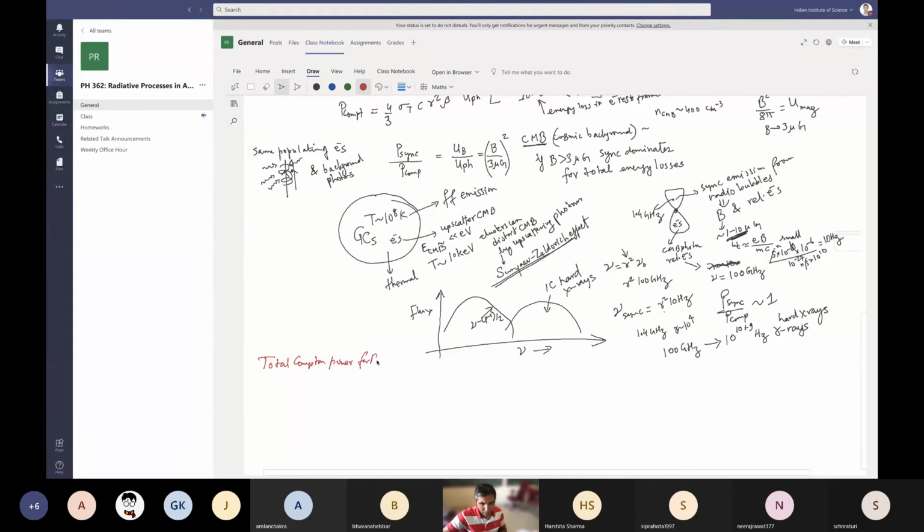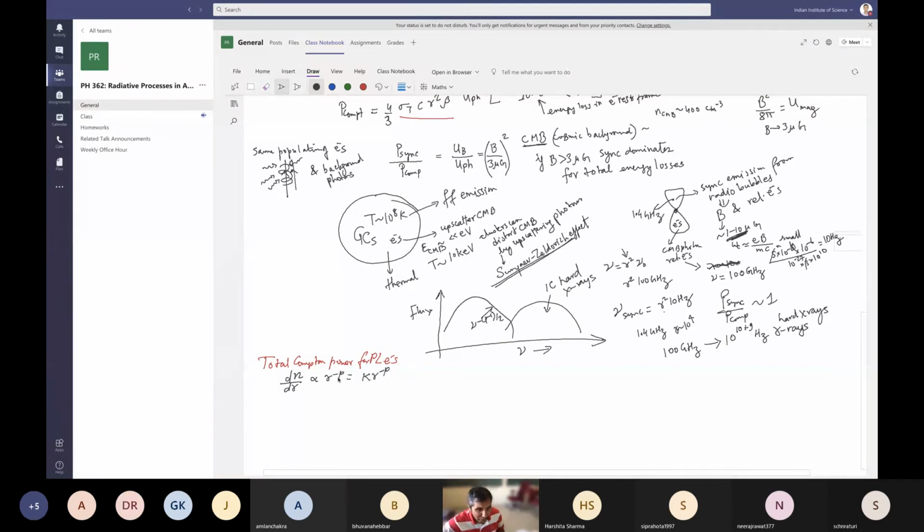So this expression is for a single electron with gamma, but if you have d small n d gamma, which is equal to k gamma to the minus p, right?